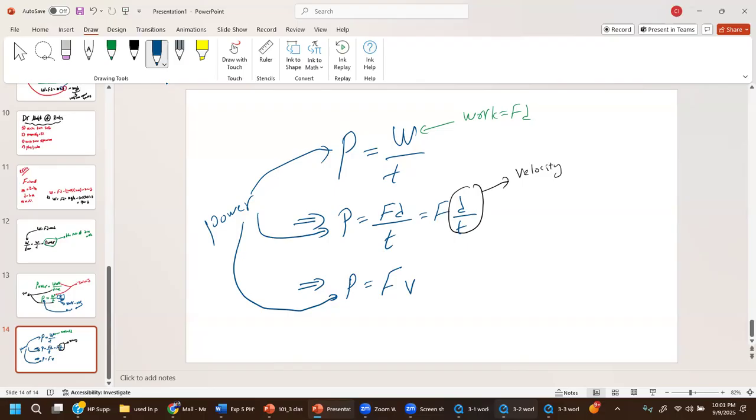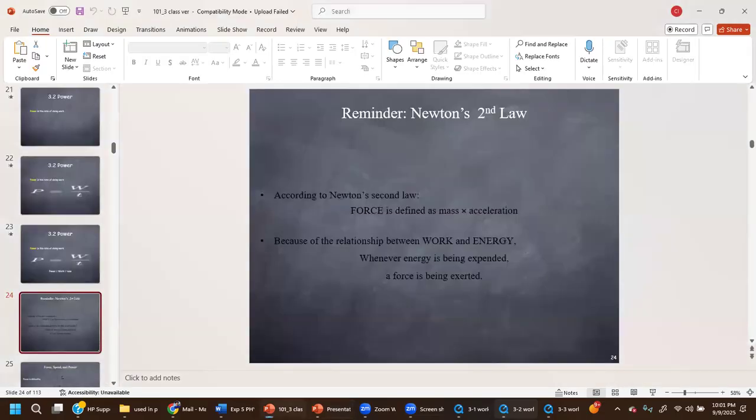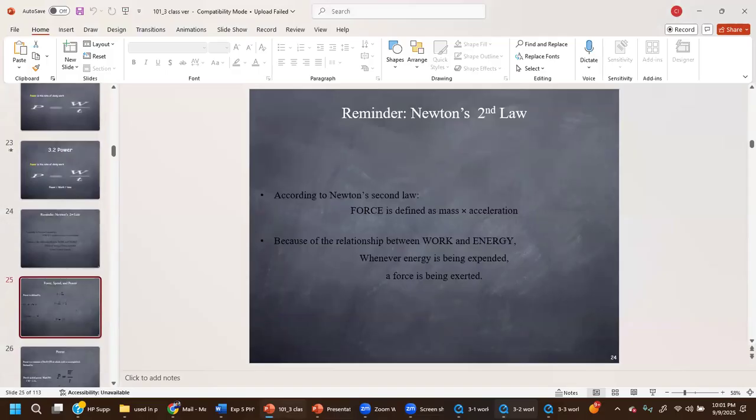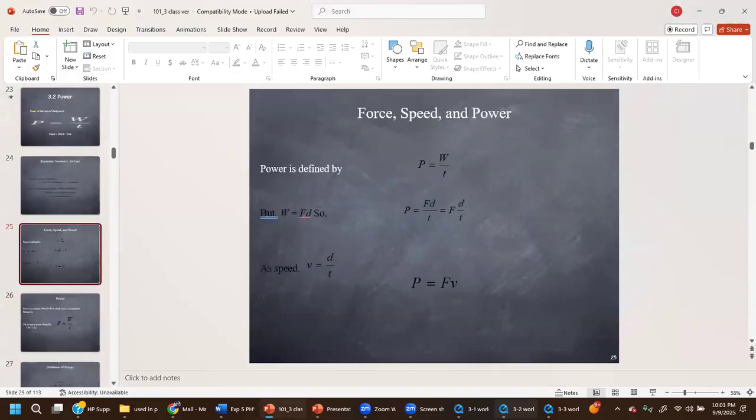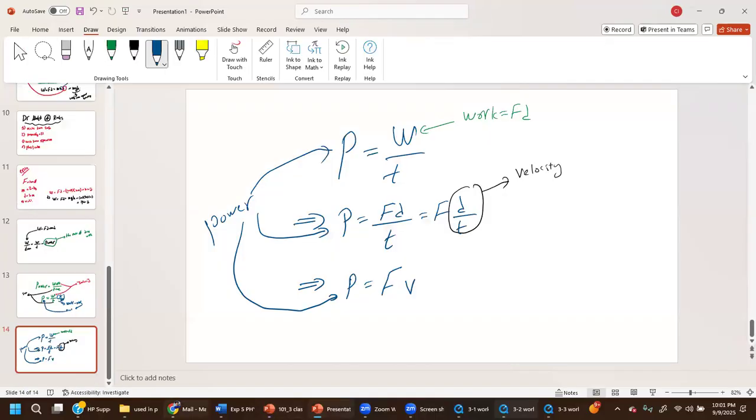Wonderful. So let's go back over here. Your power is defined as your work over your time, which means that your work is your force times your distance. So your power is your force times your distance divided by your time, and your distance divided by your time is your speed. So your power is also defined as your force times your speed.